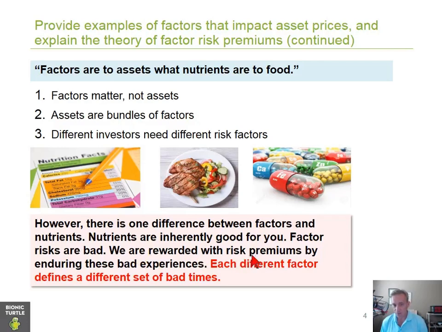We are rewarded with risk premiums by enduring these bad experiences. So I really highlighted this because this is, in my opinion, the headline for the chapter that introduces factor theory. Each different factor defines a different set of bad times. The key phrase throughout this chapter and throughout the book is bad times. That's really what I want you to take away, and we're going to see more about that mathematically soon.